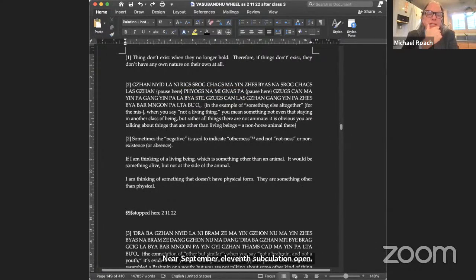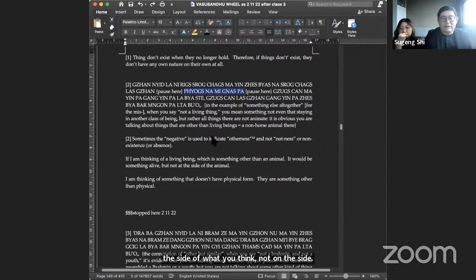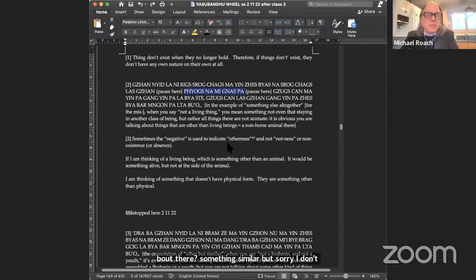Yeah, that would say not on the side of what you think. So, what was the example here? Something similar, but otherness. Yeah, so here it means they're not in the animal group.